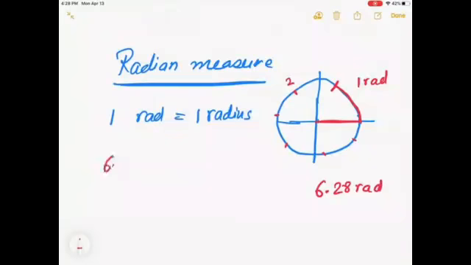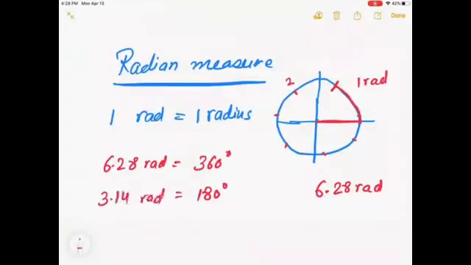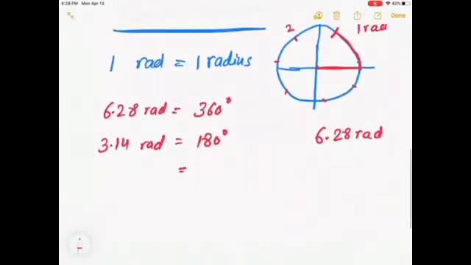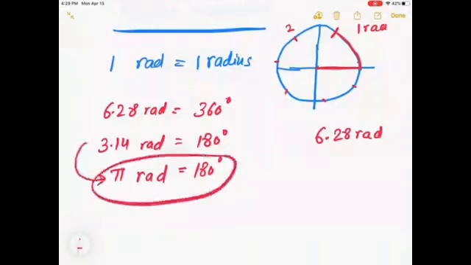It means 6.28 radians is what? 360 degrees. And 180 degrees would be 3.14 radians. And another way to say 180 degrees is equal to pi radians. Now the reason we call it pi radians is because 3.14 is the same as pi in math. So that's just another way to say 180 degrees is equal to pi radians.